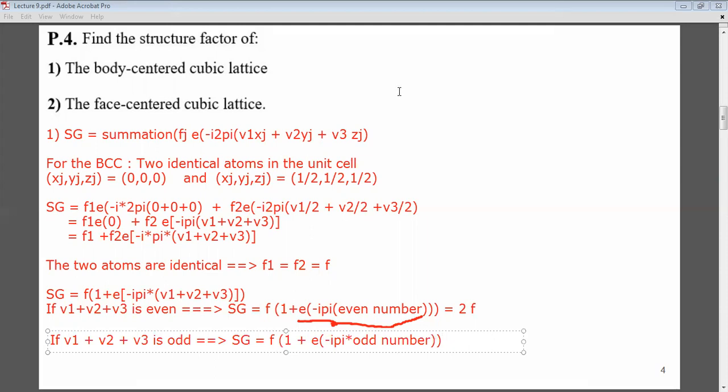I don't know if you remember, e to the I theta is equal to cosine theta plus I sine of angle theta.